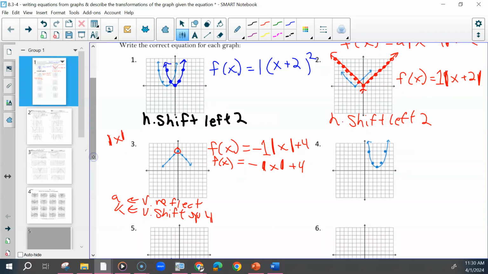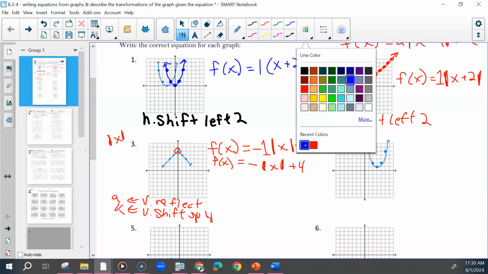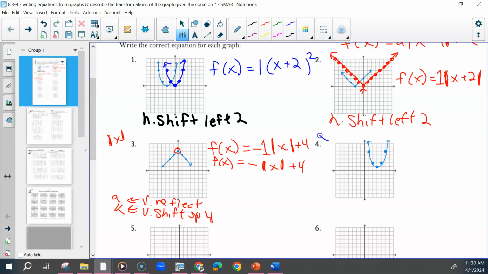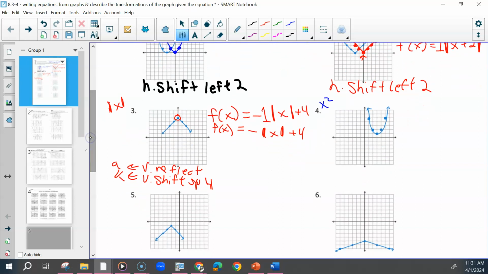Which type of function are we dealing with? The quadratic or the absolute value? Quadratic, the U shape. So that's your x squared. And compared to this original, if you want to draw this on here, you can. Compared to this darker blue one, what happened? What changed? It moved right how many? 3. And then up 1.